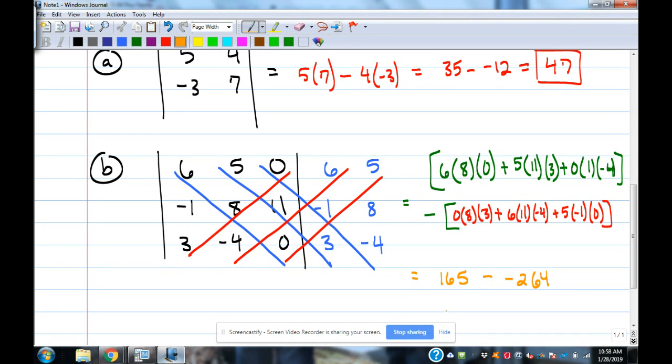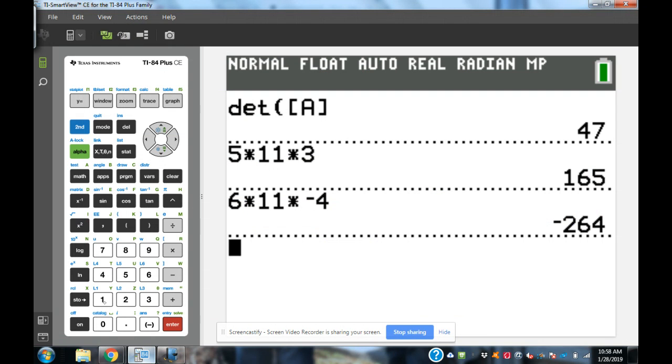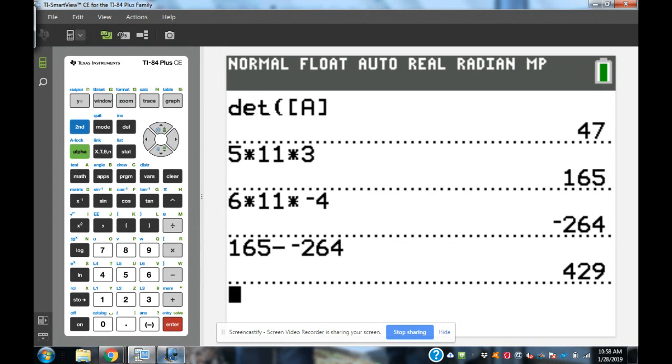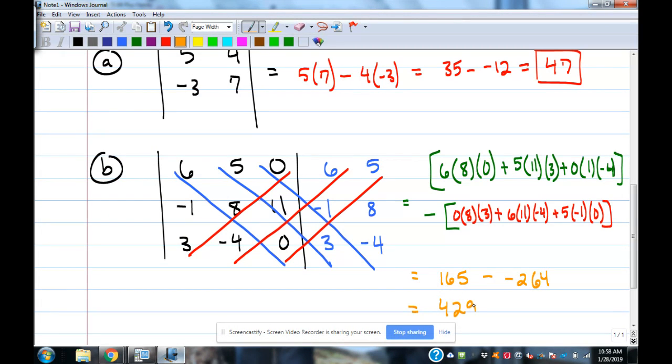And then when we subtract that, so 165 minus -264. Positive 429. So that tells us that that's an invertible matrix. It tells us the determinant is 429.